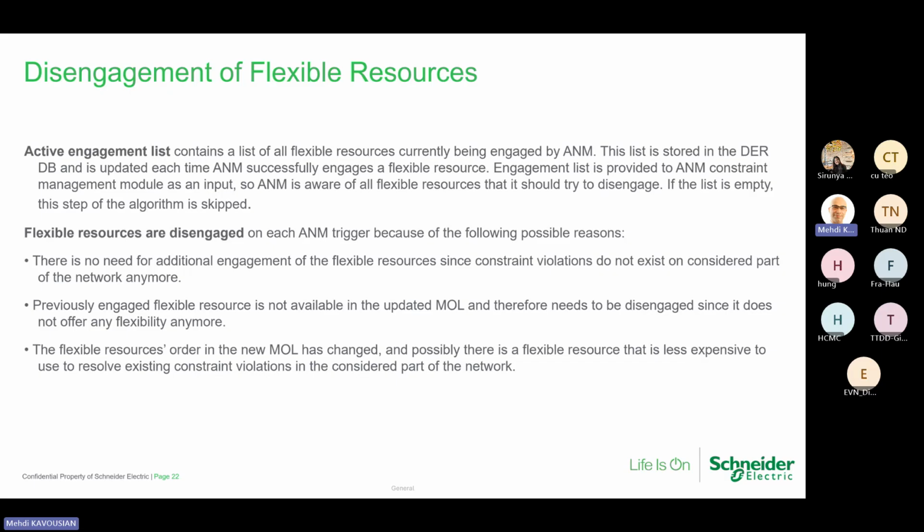Why? Because let's say you have a market price and this contributor plays with the market. The price is going up and they say, okay, we're not going to curtail anymore. We want to keep our device not flexible. They remove it from the MOL list, and if the device is removed from the MOL list, you have to basically assume it is disengaged. So that's another reason.